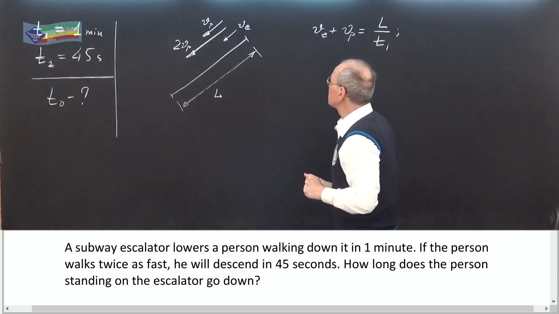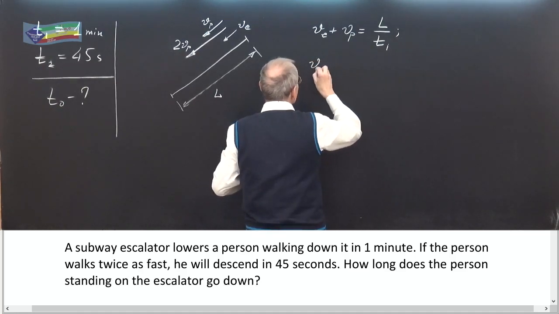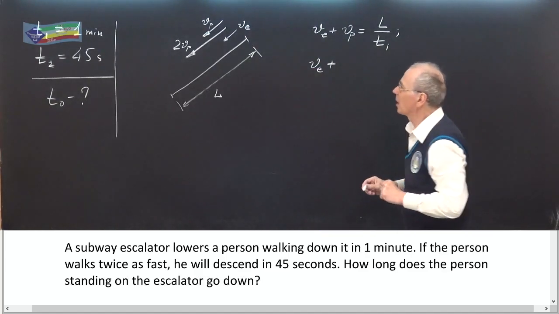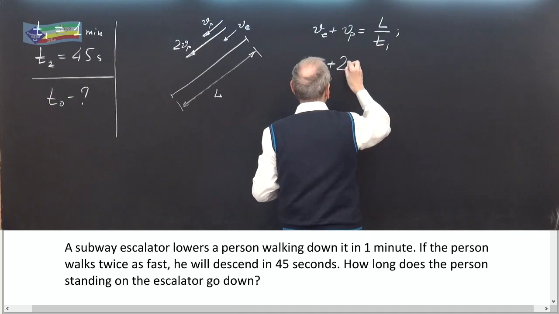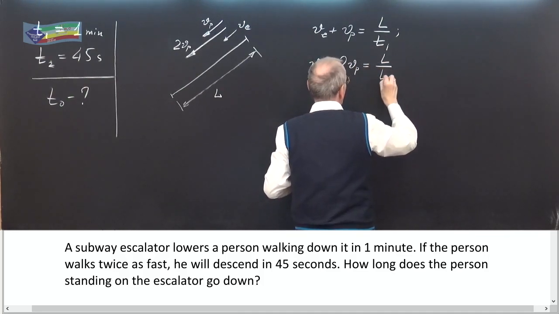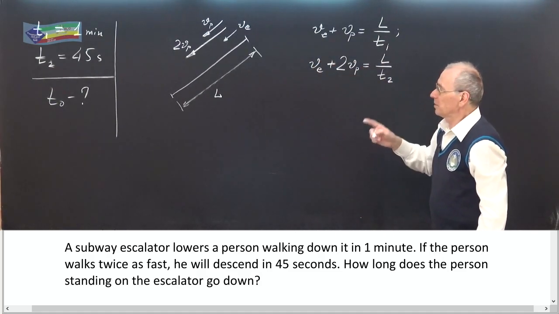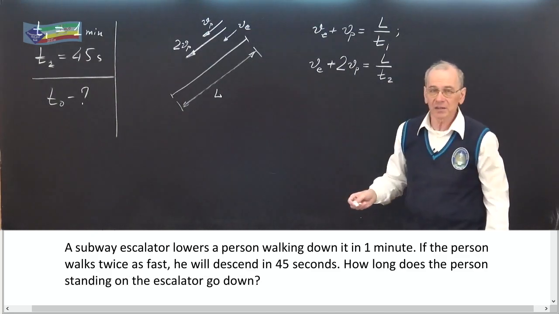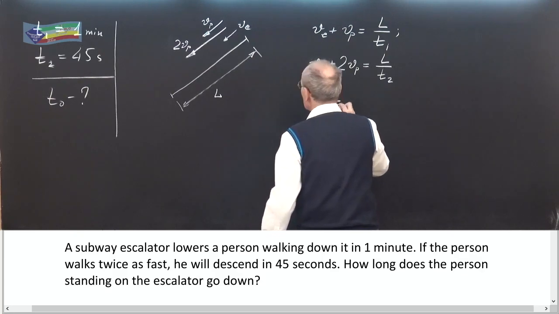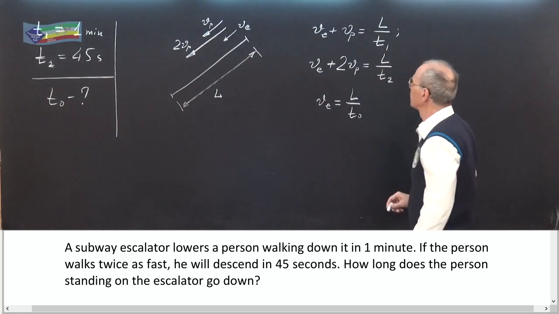In the second case, the escalator descends at the same speed, but the speed of the person is doubled: V escalator plus double V person equals L over T2. And at last, when the person is idle and only the escalator moves, we can write V escalator equals L over T0.